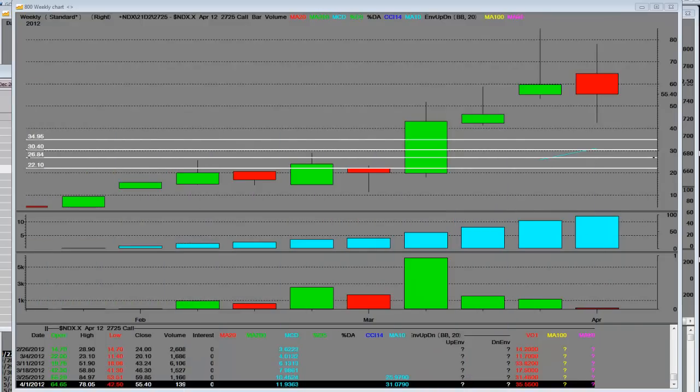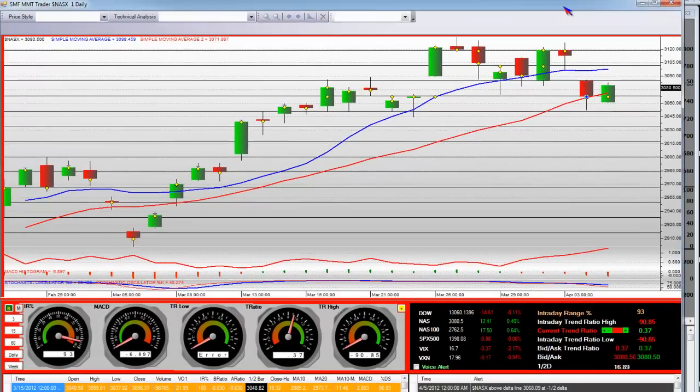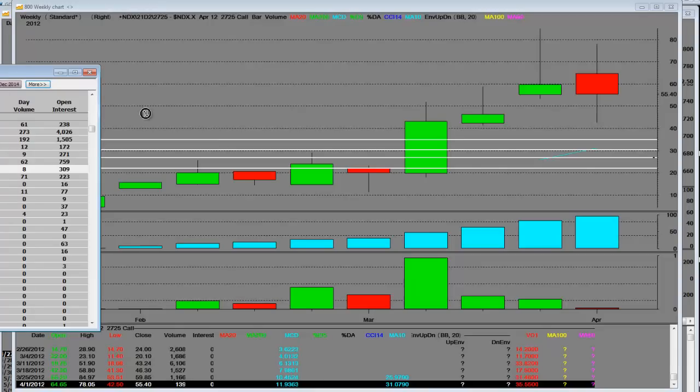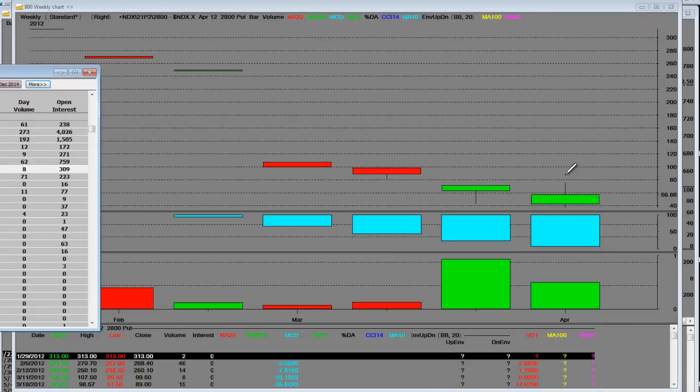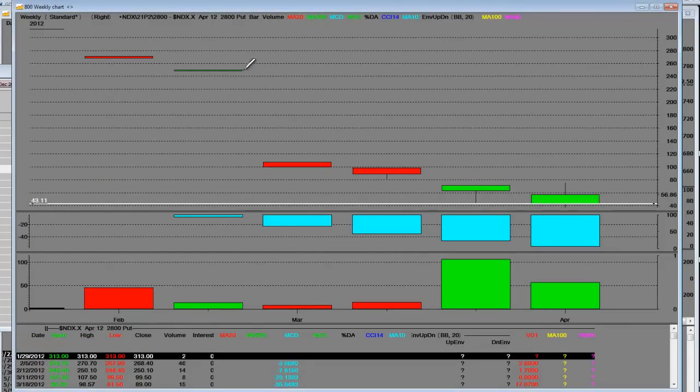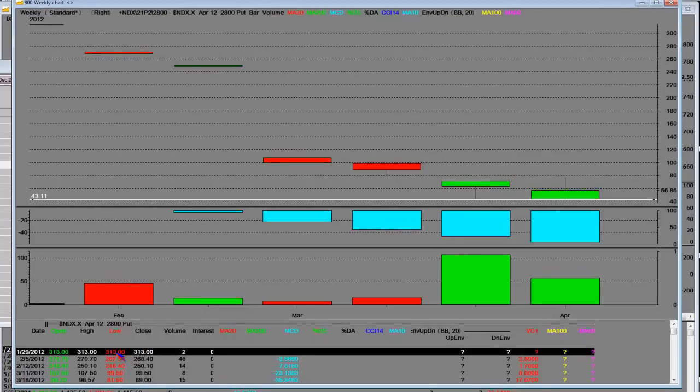Once again, I'm going to put the $2,800 put option in there. And this is on a weekly level. This was the time to be buying that $2,800 put, and it was marked down to such a level that this put option at one time, back on 1/29, when the bull was in rally, this thing was $313.